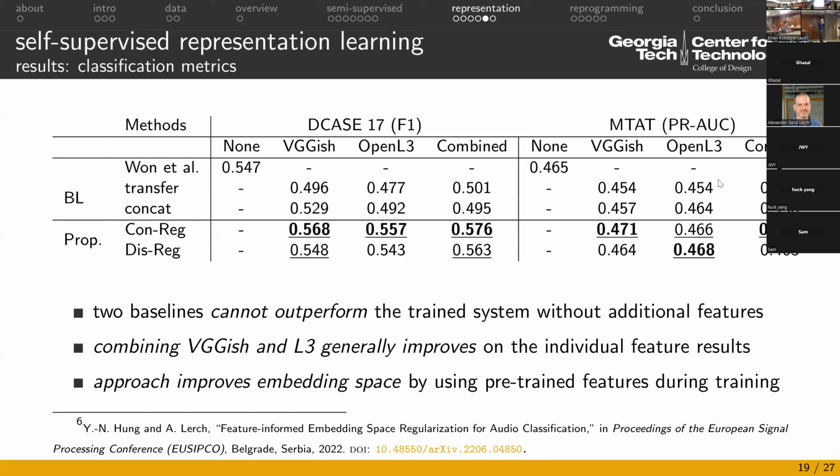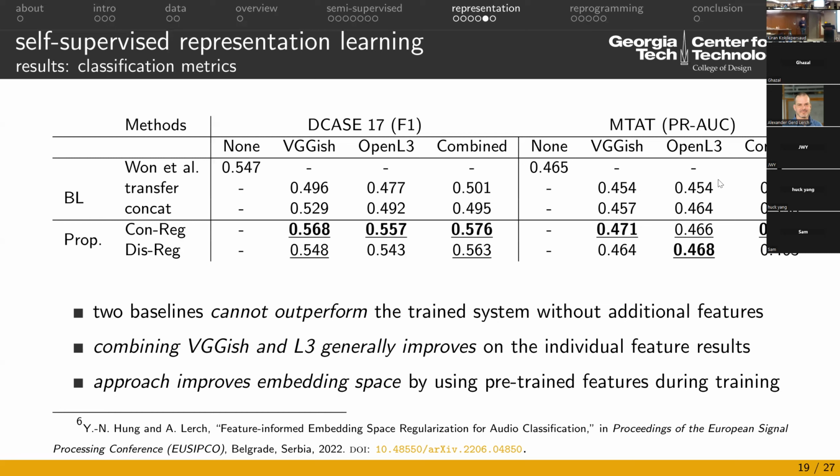And then if you look at our two methods here for actually combining the losses instead of just concatenating those, you see that this actually leads to a slight improvement overall, especially with the conreg method.